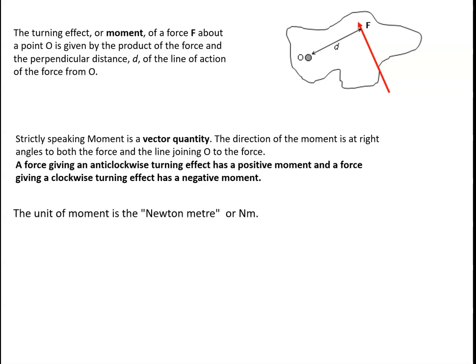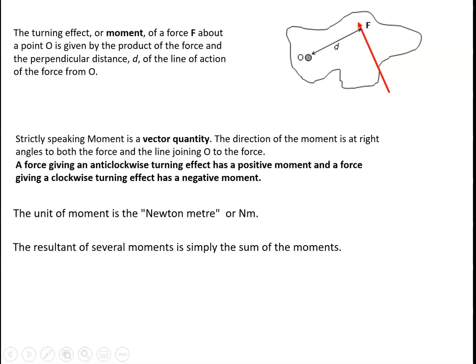The unit of moment is the Newton meter, which we abbreviate to just Nm. The resultant of several moments is simply the sum of each of the individual moments.